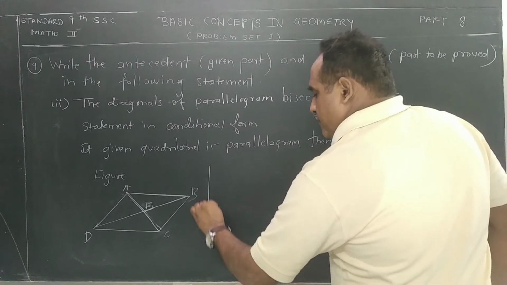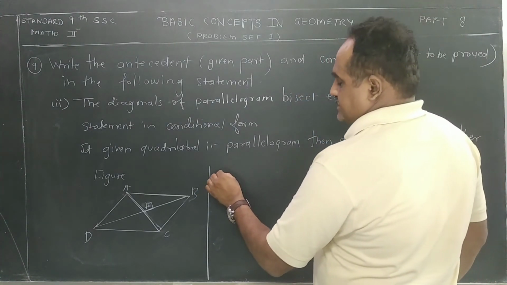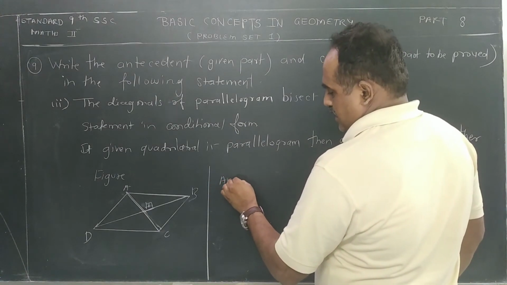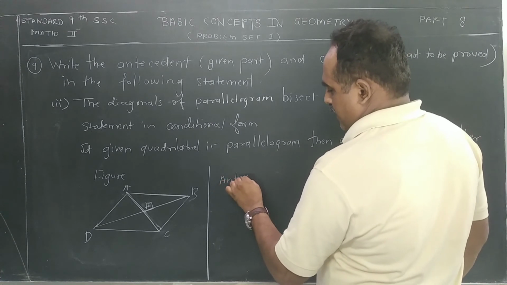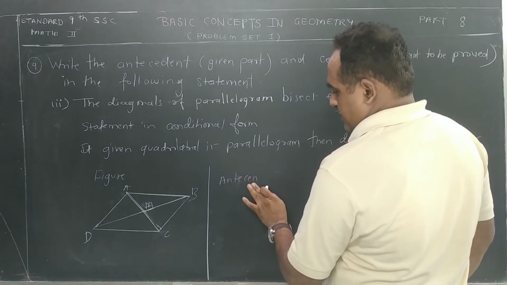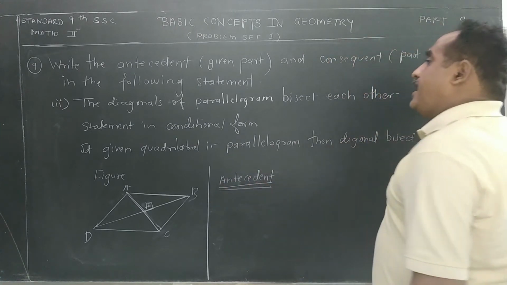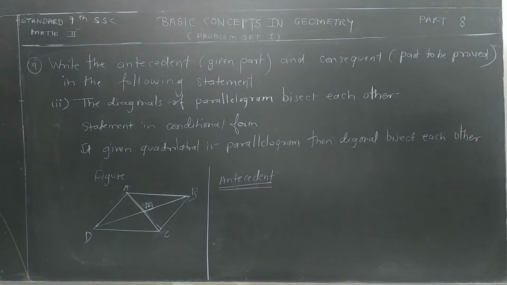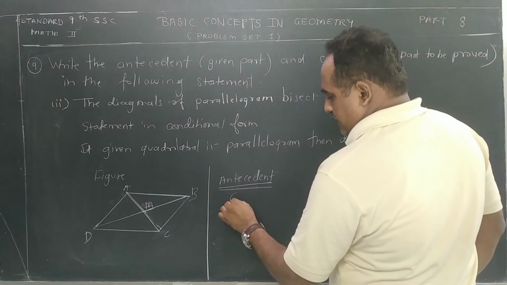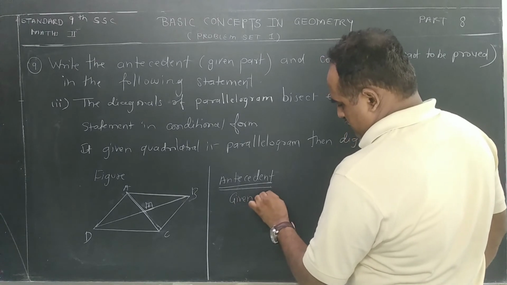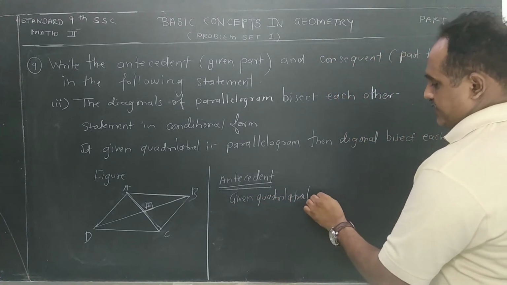While doing that, what are you going to write? Antecedent. What is the antecedent? The given part. Given: quadrilateral ABCD is a parallelogram.